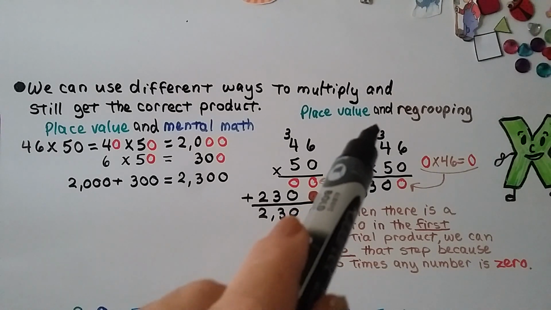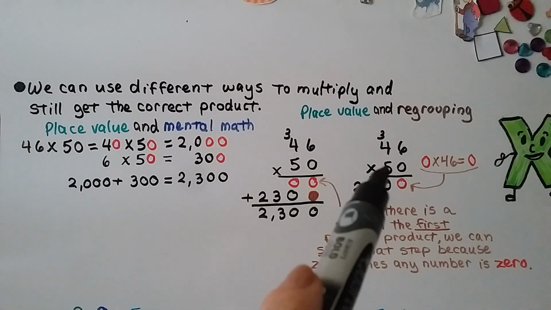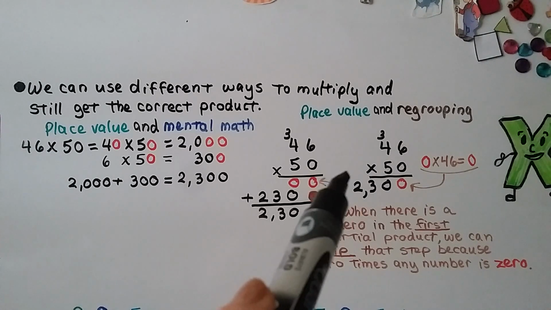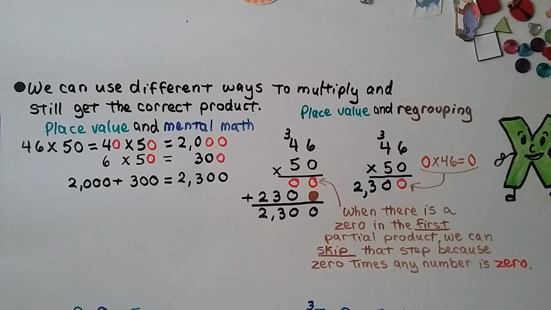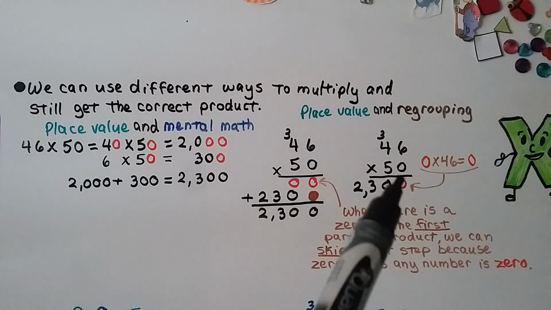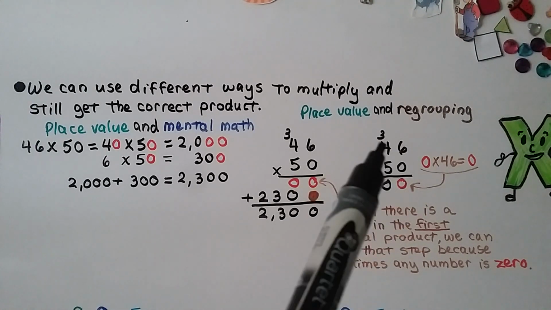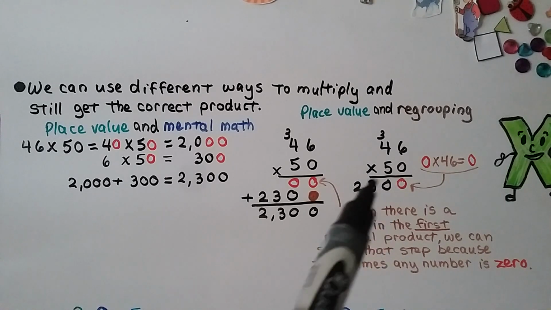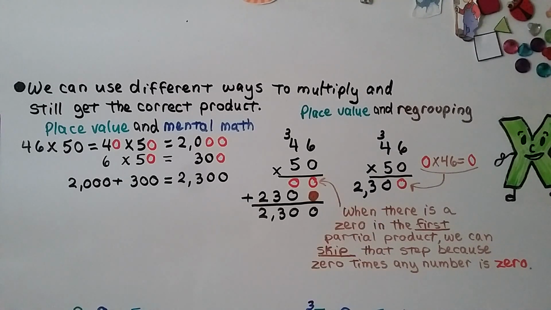We write the 3 up here as a regroup number. We put the 0 down. 5 times 4 is 20, plus 3 is 23. We still have 2,300. So if this is a little confusing for you, you can do each step like you're supposed to, like this. As you get better at it, you're going to know I can just put a 0 here because 0 times 46 is 0, and then move to the tens place and do your multiplication.